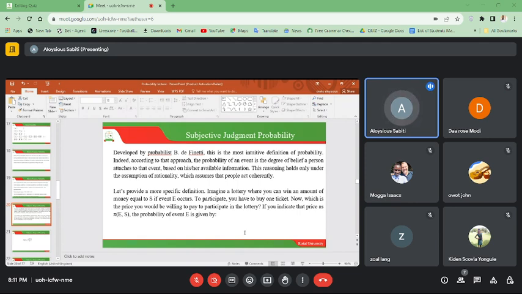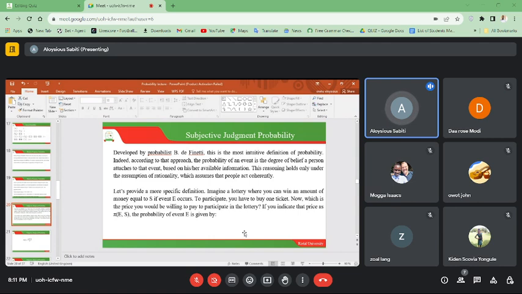Now, let's provide a more specific definition here. Imagine a lottery where you can win an amount of money equal to S if event E occurs. So here we are saying that you can win S if E occurs. If this team wins, you will earn 60,000. Now, to participate, you have to buy one ticket.